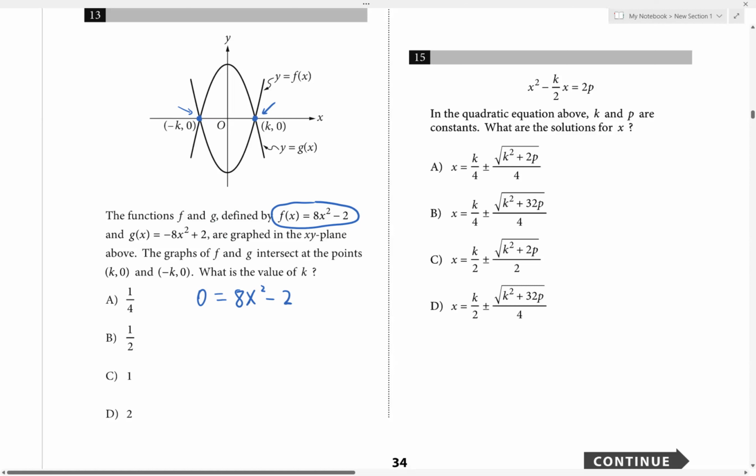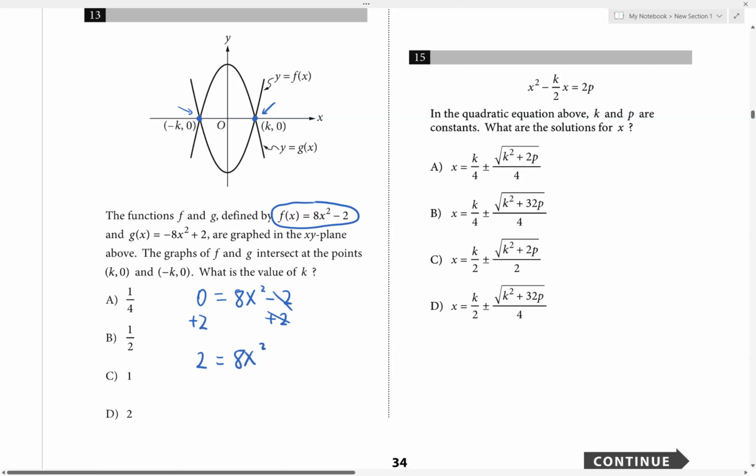Set it equal to 0, and then to solve here, since we don't have a linear term, just ax squared and a minus 2, we can use the square root method. Let's move the constant term to the other side: I add 2 on both sides. We get 2 equals ax squared.